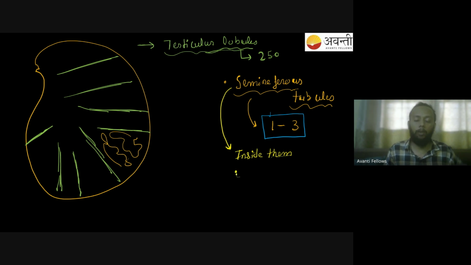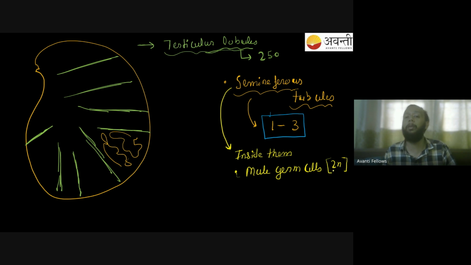One, you will have your male germ cells. Male germ cells means the cells from which you will make male gametes. Male germ cells are obviously going to be diploid in nature. These are the cells from which my sperms or spermatozoa will be formed, right?